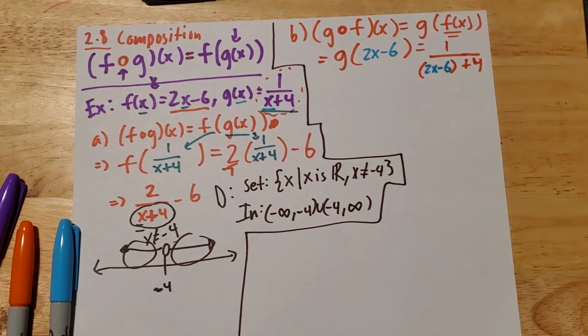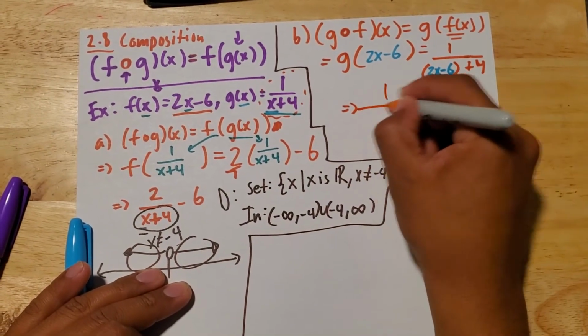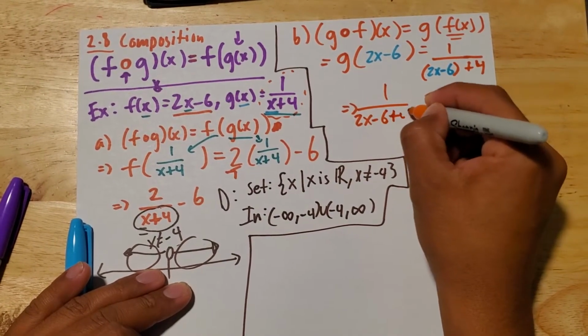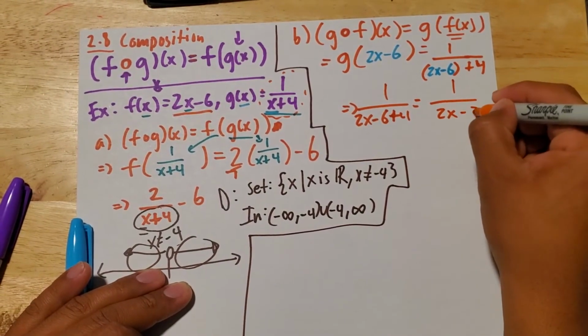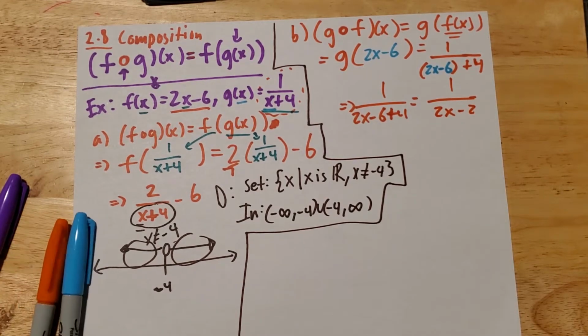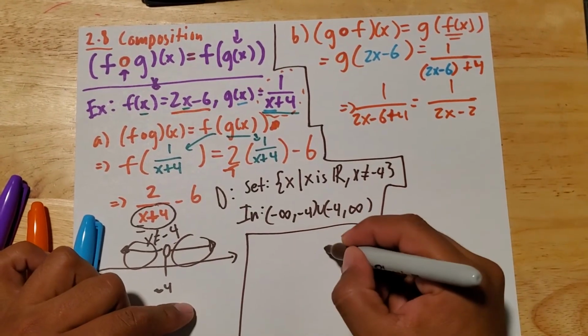Now, if I try simplifying this, I'm left with 1 over 2x minus 6 plus 4, which leaves me with 1 over 2x minus 2. Now here, if I want to find the domain, I have to ask myself, what value of x, when I multiply it by 2, is going to cancel out with that 2, so it ends up giving me a 0? So let's say the domain.